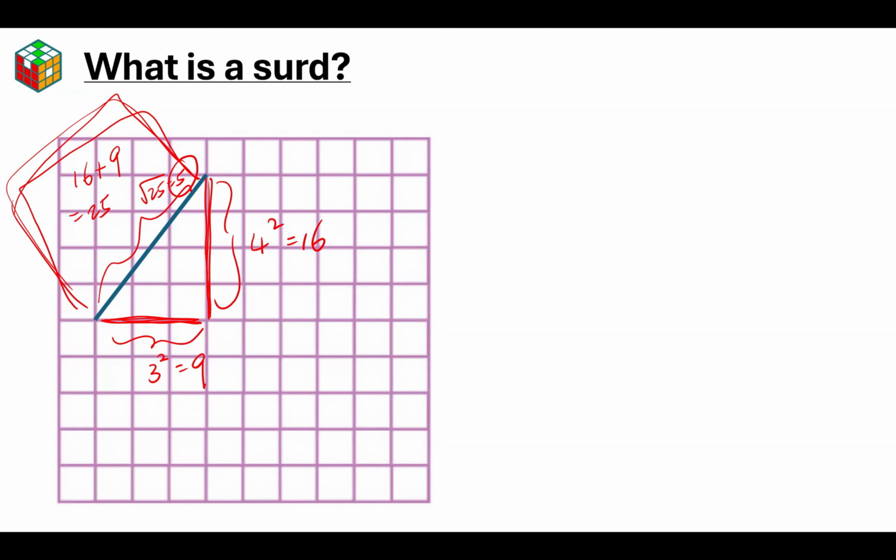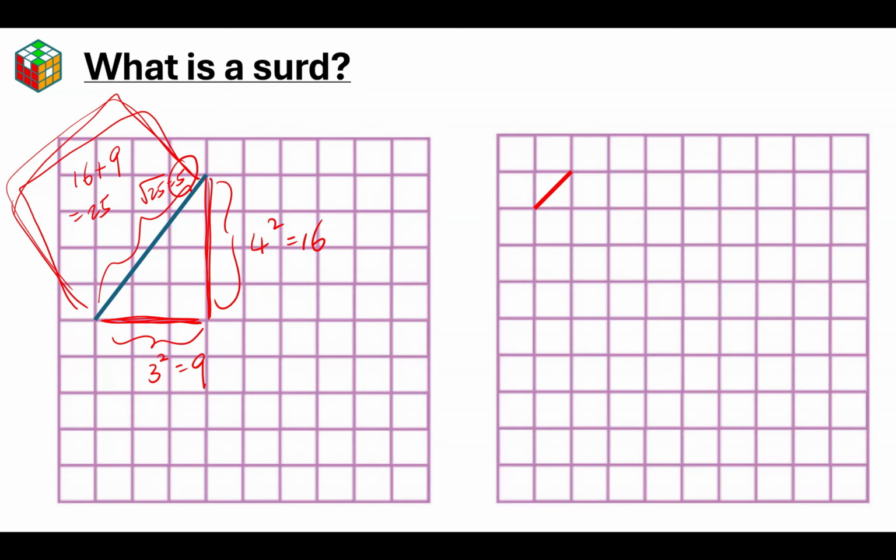This is not a surd because that can come to a nice number. But the same knowledge applies, but what makes it a surd is that it cannot be square rooted down to a whole number. Look at this one. 1 squared is still 1. That part is also 1 squared, still 1.